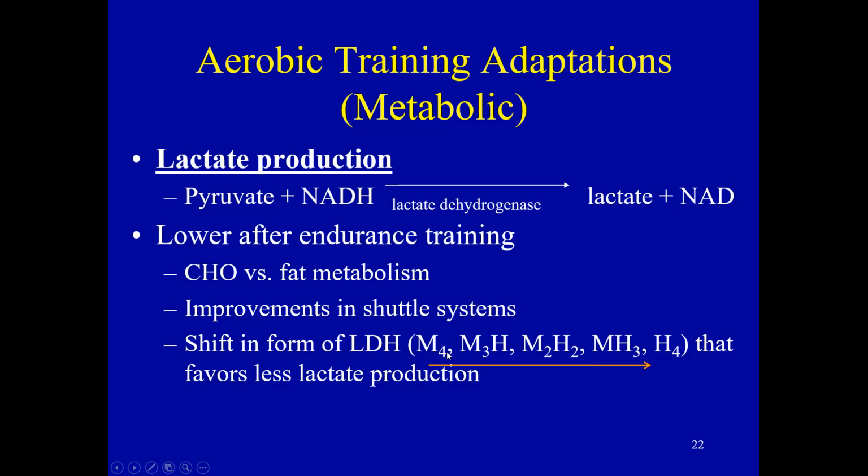With aerobic training, we get a shift towards this H4, and the H4 has less ability to produce lactate compared to the M4. So just by switching the enzyme a little bit and altering the lactate dehydrogenase, it's less likely to produce lactate. So the bottom line is there's less lactate production at a given workload after training.